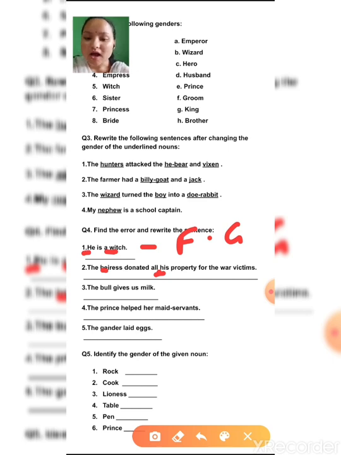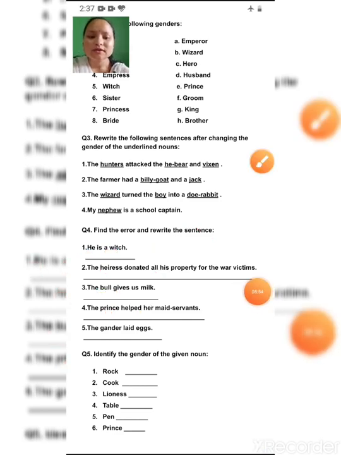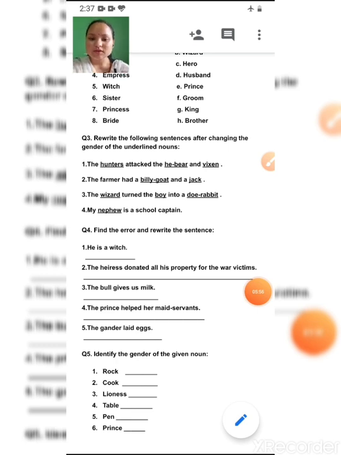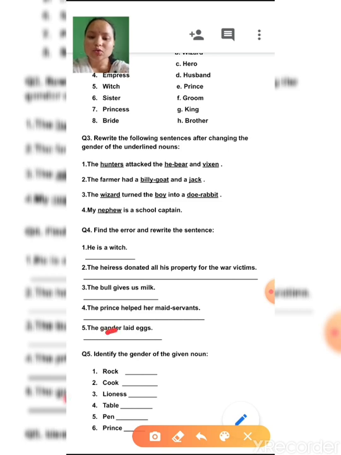No. The cow gives us milk. Fourth, the prince helped her maid servants. Prince is masculine gender and her is feminine gender. So what will come? The princess helped her maid servants. Fifth one is, children, the gander laid eggs. The goose laid eggs.